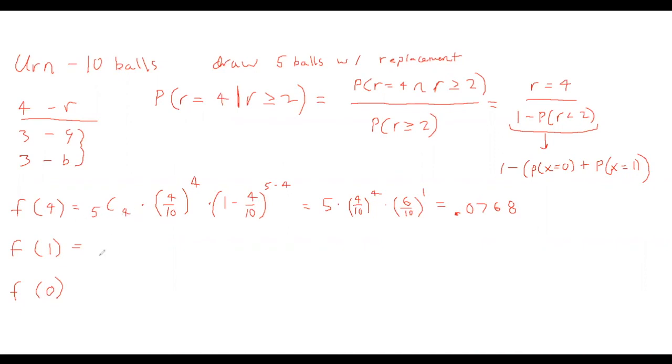So 5 choose 1 is going to be 5, and then 4 over 10 raised to the 1 times 6 over 10 raised to the 4th is 0.2592.